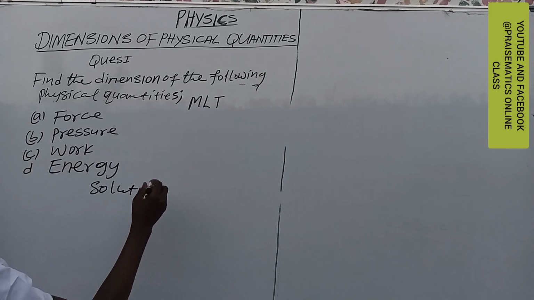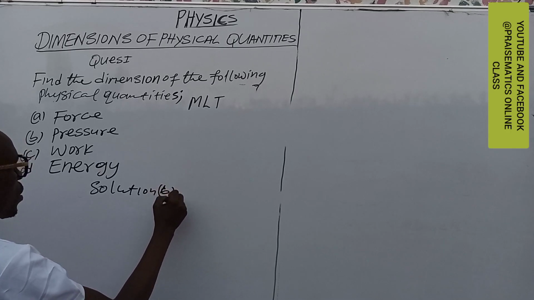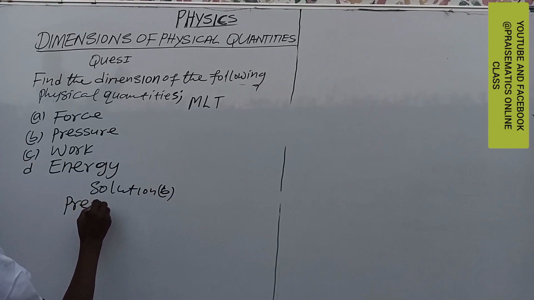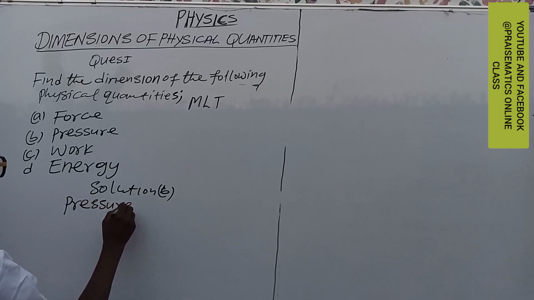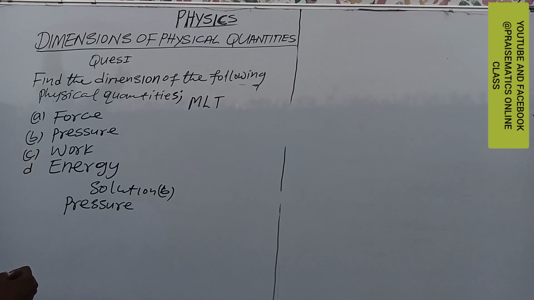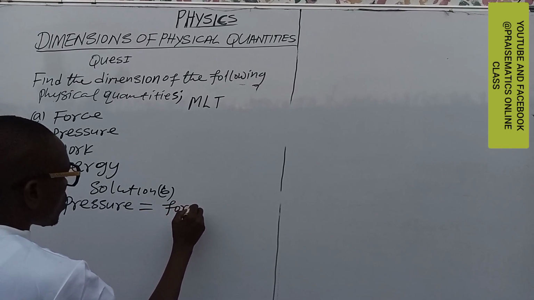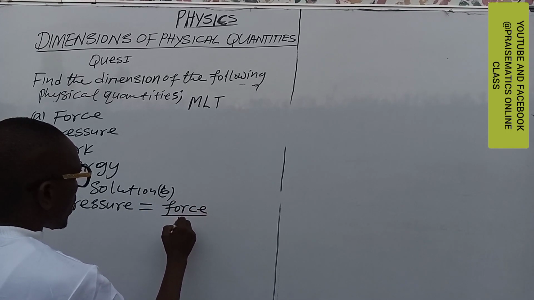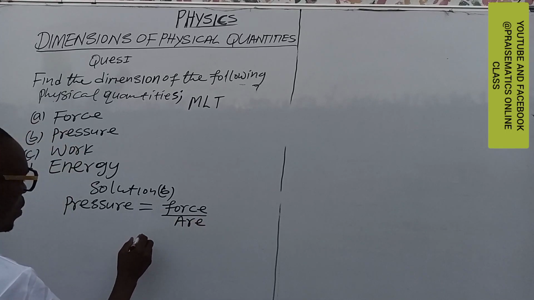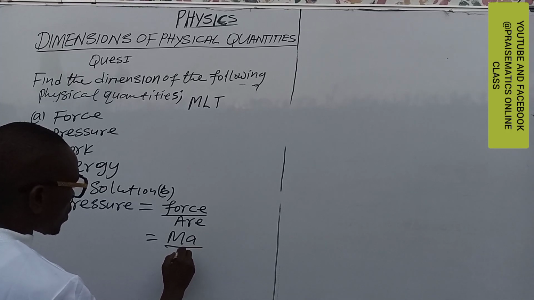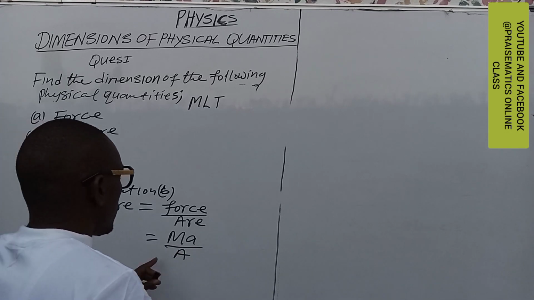Now let's look at the dimension of pressure. Solution B. Pressure is defined as force per area. And we know what force is all about: MA over A. So now let's go.